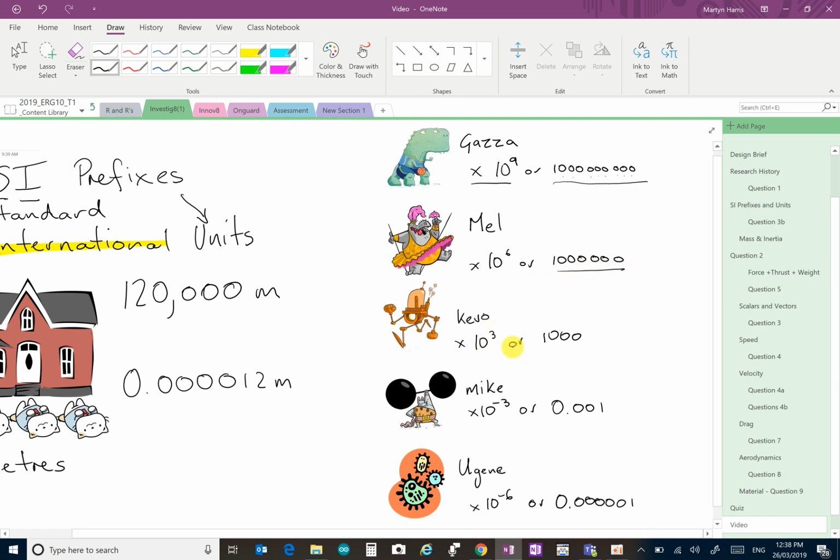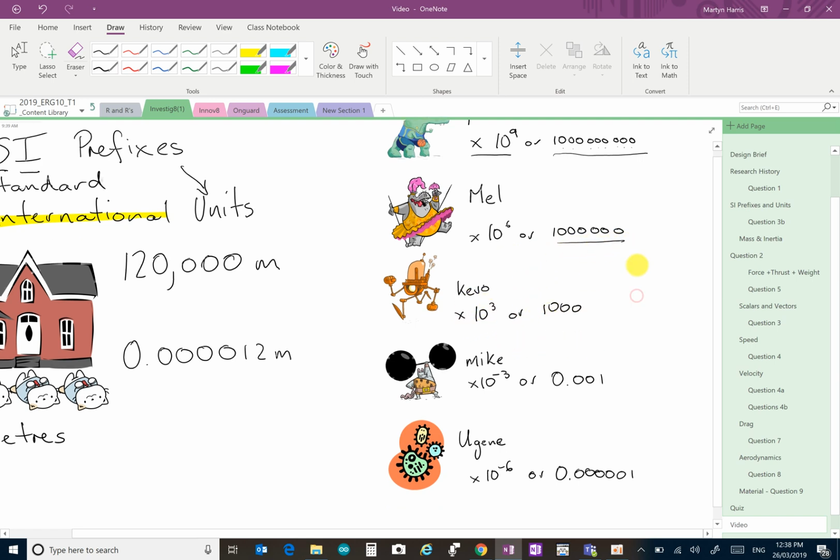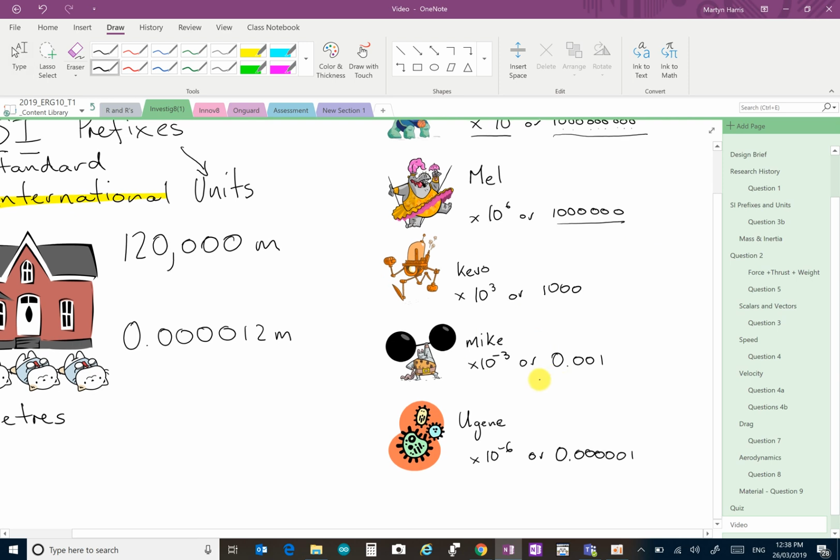Kevo is 10 to the power of 3 and he's worth 1,000. Mighty Mike is worth 10 to the power of negative 3, that means 3 digits after the decimal point. And Eugene, the amoeba, 10 to the power of minus 6, and he's worth, or she, I'm not quite sure what gender Eugene is, but it's worth 1, 2, 3, 4, 5, 6 digits after the decimal point.